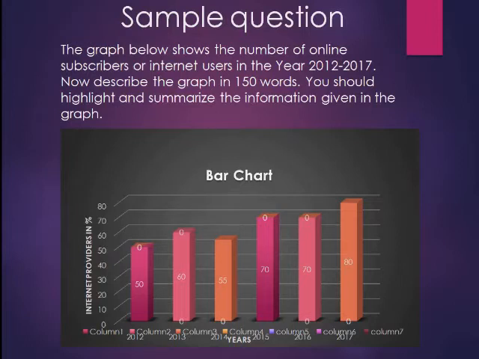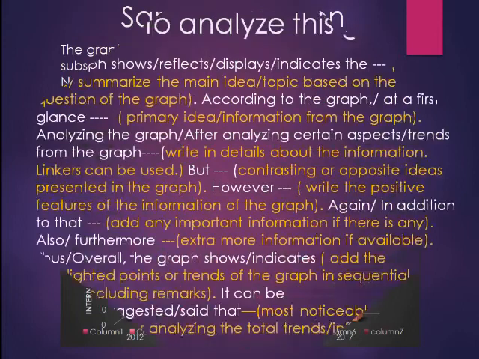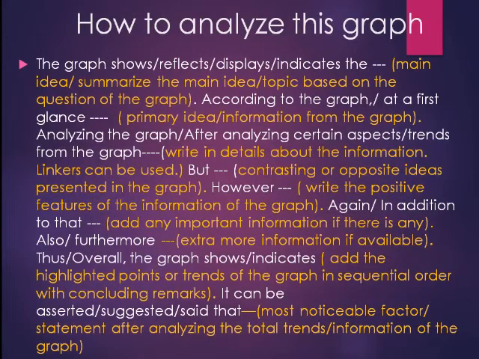If you look at the vertical axis of this graph, you will see the percentages given in numbers starting from 0 to 80. So you will have to check these figures very well before you start your discussion. Now, how would you analyze this graph? You need to know the language of the graph.